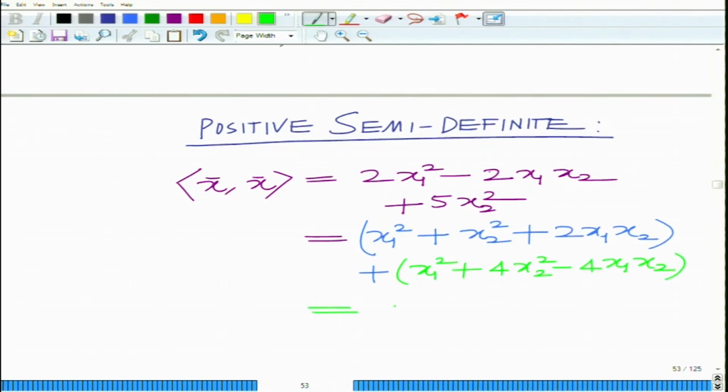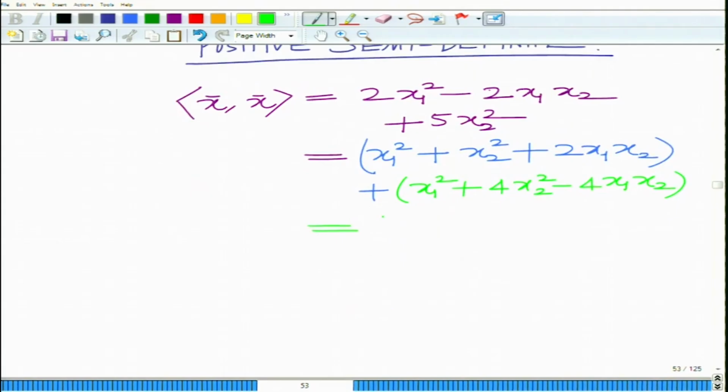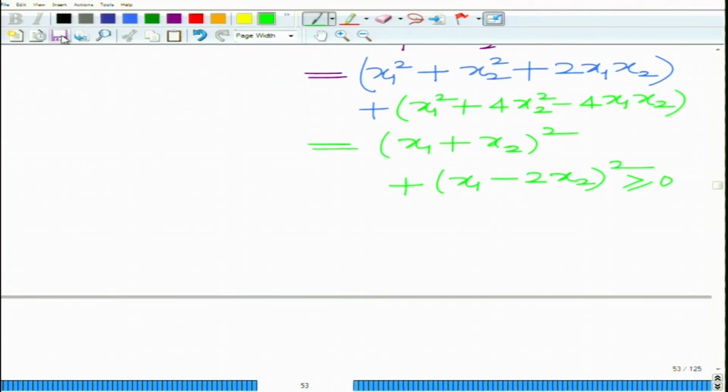This is equal to x1 plus x2 whole square plus x1 minus 2 x2 whole square, which is greater than or equal to 0. So, sum of two perfect squares is greater than or equal to 0. This implies it satisfies the positive semi definite property.